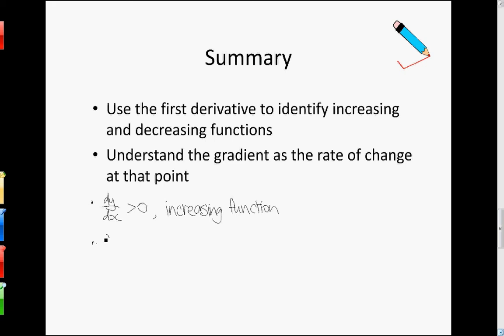And if I take dy/dx and this dy/dx is less than 0, then this is always a decreasing function. And bear in mind that it has to be always larger or always smaller before I can call it an increasing or decreasing function.